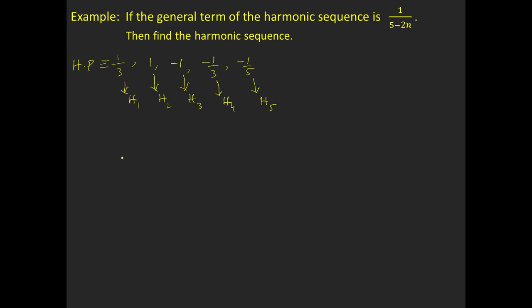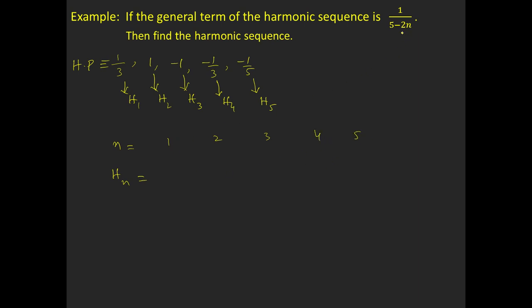We can easily obtain these generally. Instead of deriving the terms one by one, we can put n is equal to 1, and over here h1, and 2, and 3, and 4, and 5, and so on.